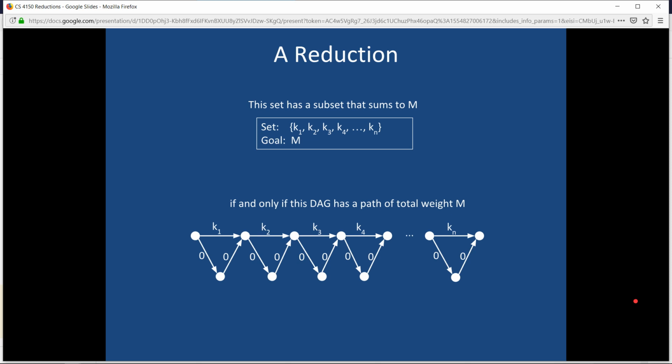No. Taking that set and producing this is going to take time proportional to the length of that set. That's polynomial. After we found a solution down here, returning it back to a solution up there, that's fast too. So if we could solve this in polynomial time, we would be able to solve that one in polynomial time. So that's the key idea in the definition of NP completeness.